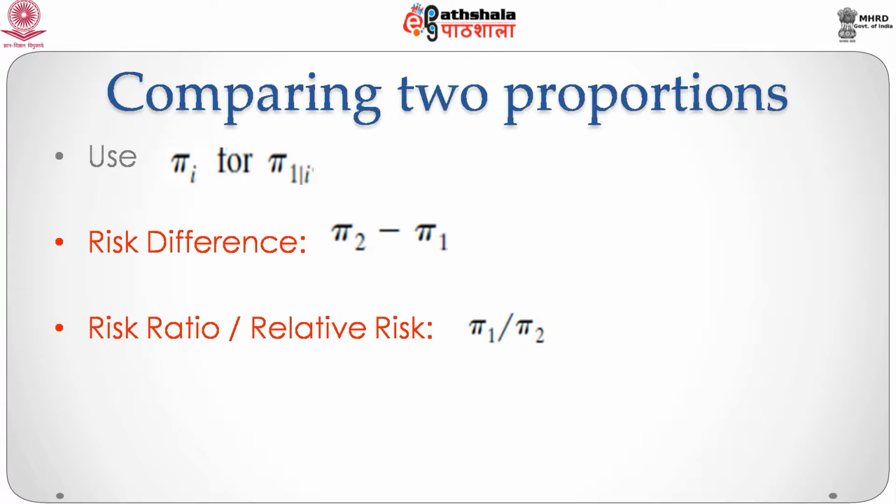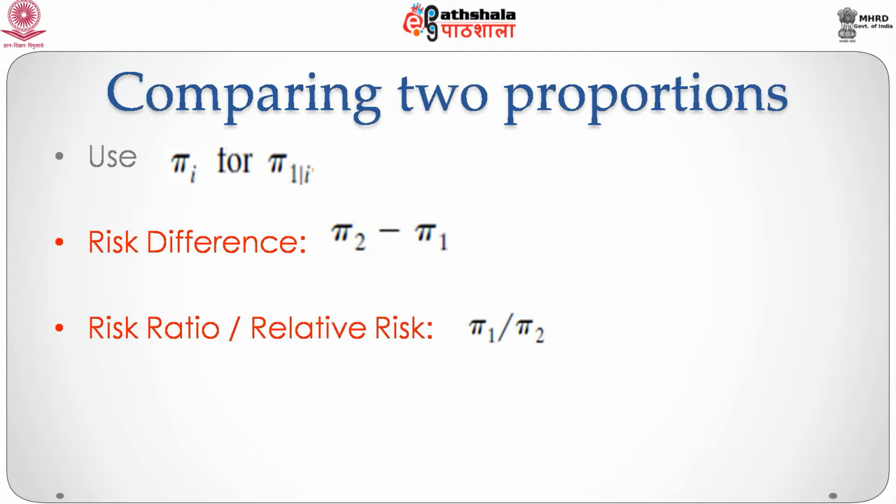An alternative means of measuring the association is to look at the ratio of pi 2 and pi 1. So I define the risk ratio or the relative risk as pi 1 over pi 2. Again, I could just as well have defined it as pi 2 over pi 1, and it does not matter if I am interested in testing a hypothesis that there is no association or that the risk ratio is 1.